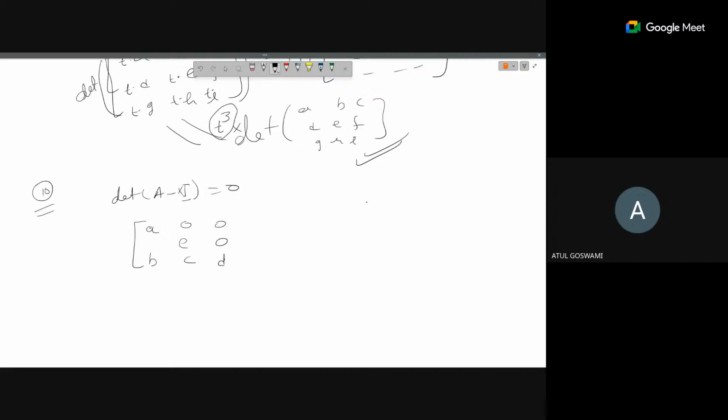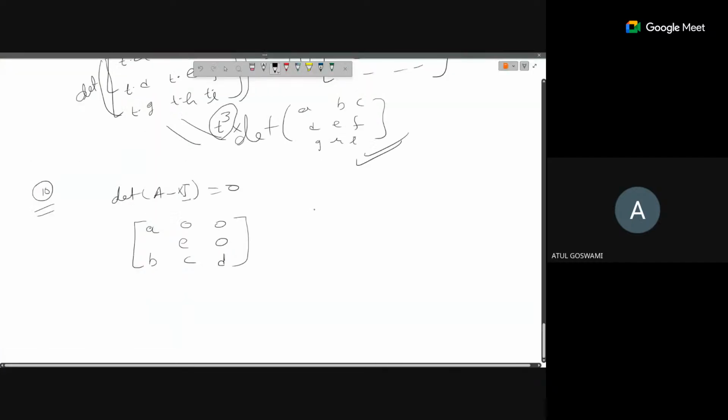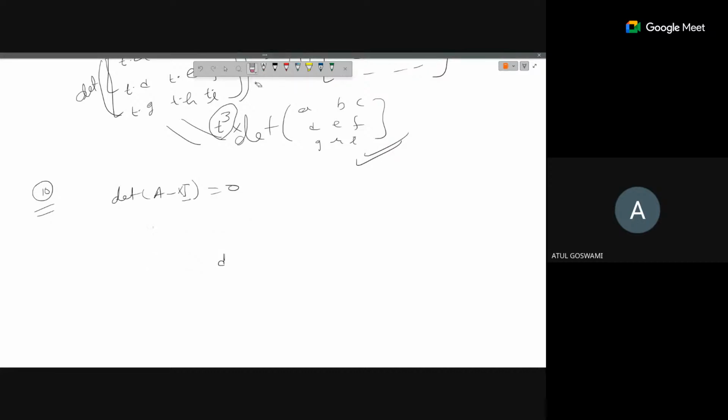Here we can say E. These are lower triangular or diagonal matrix. If the diagonal entries of the 3 by 3 lower triangular matrix A are 1, 2, 3, and there are some entries A, B, C also, and this is 0.